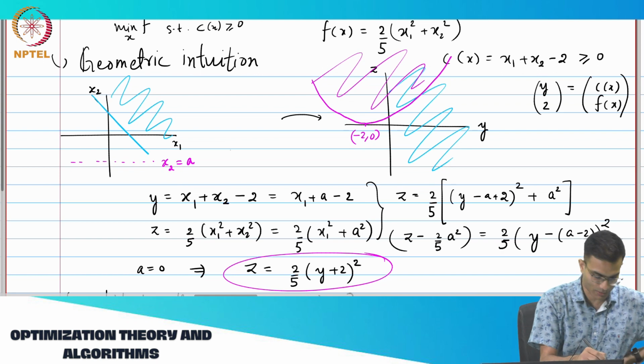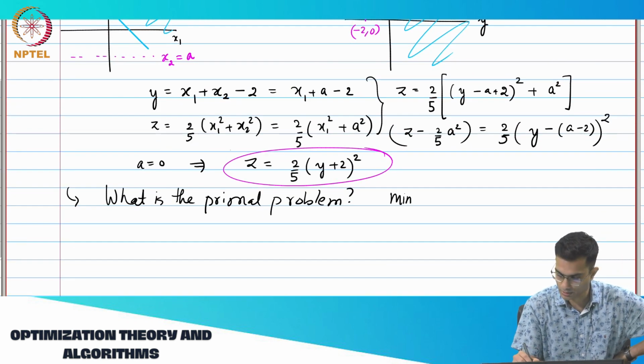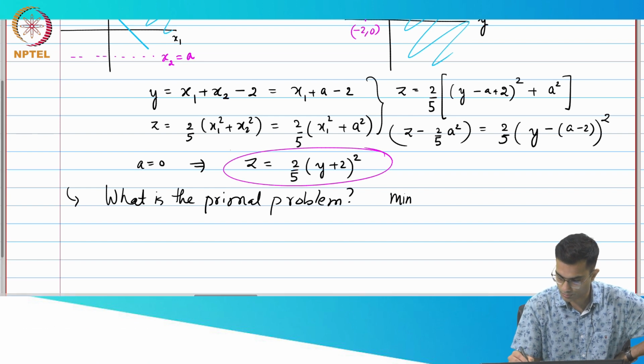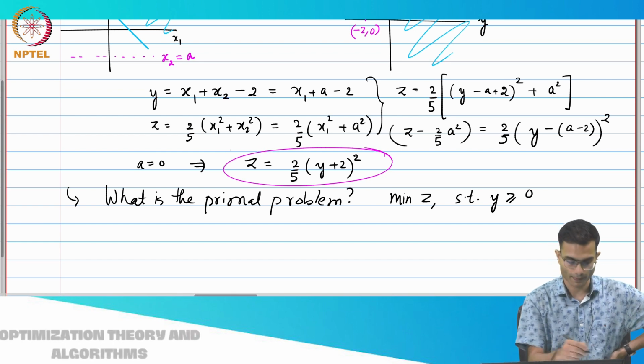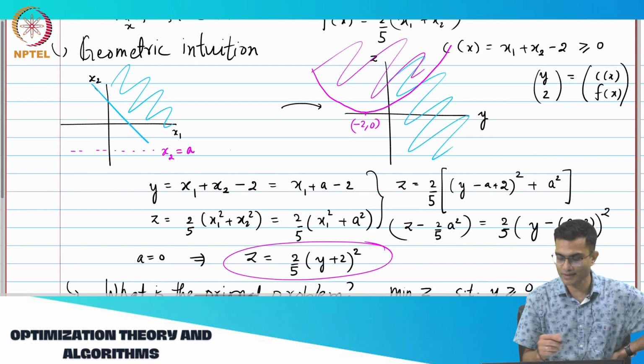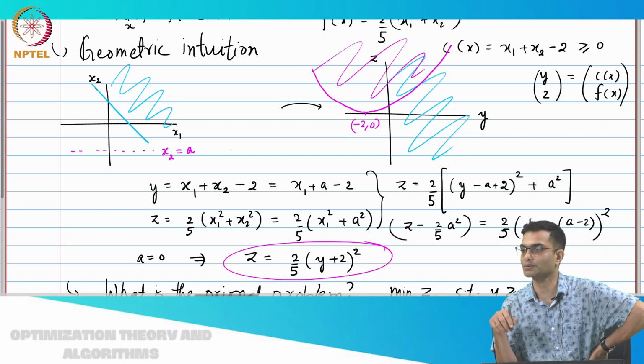Let's write that down over here. So the primal problem is minimize z such that y greater than or equal to 0. In this YZ plane, can we immediately see the solution?